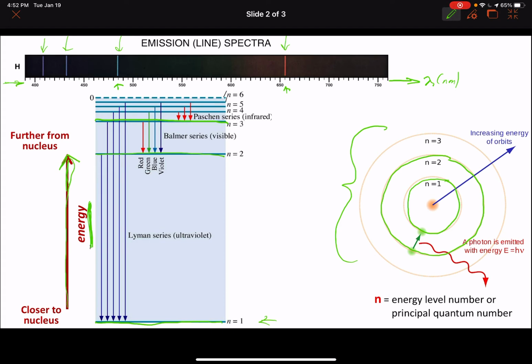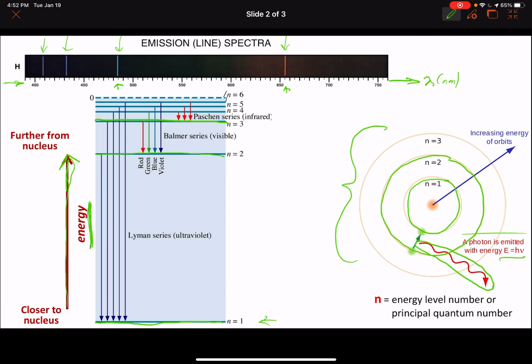So if the electron goes from a high orbit to a low orbit, it is dropping in energy. A photon must be released to balance the energy situation for that transition. Okay, so that's why we cartooned that emitted photon there.